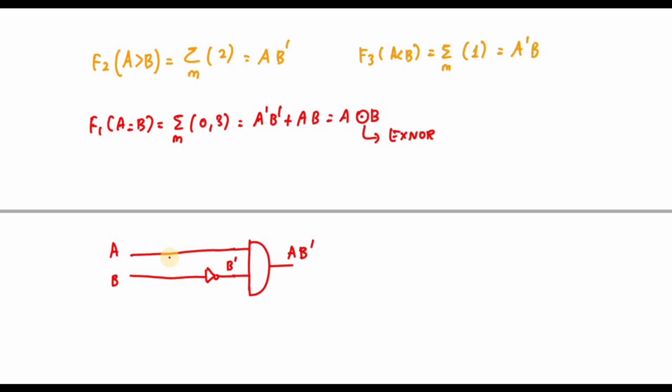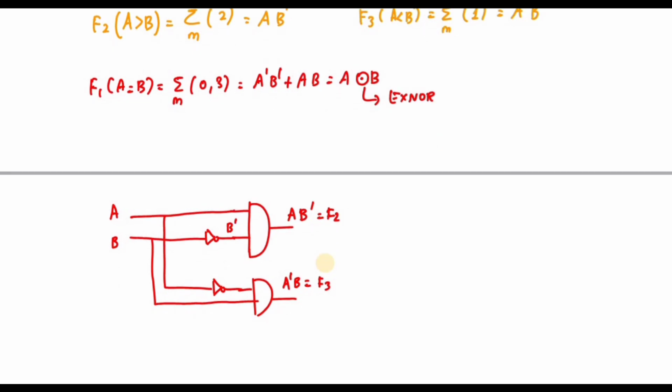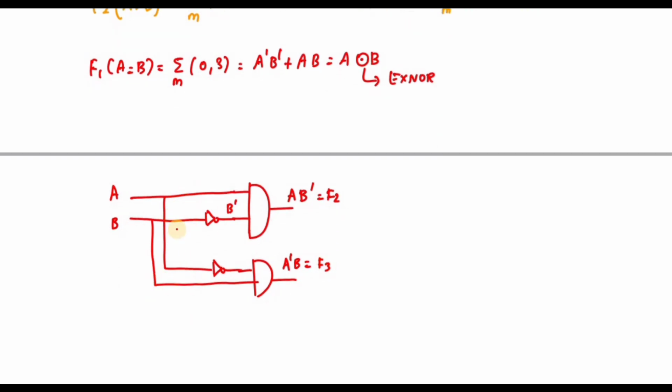Similarly, if I want to get A bar B, this is A bar and this is B. So this is A bar B, that is F3, and this is your F2. Similarly, if I want to get A XNOR B, this is your B bar and this is your A bar.